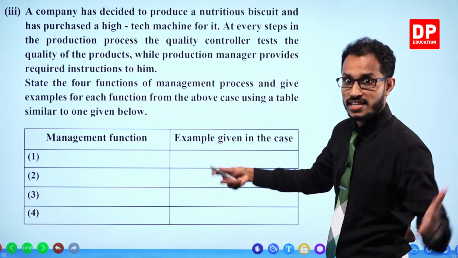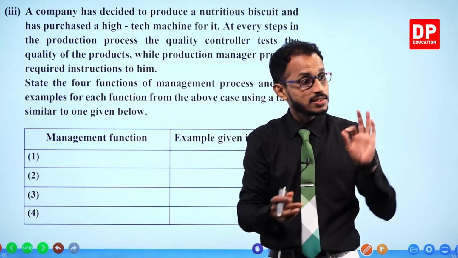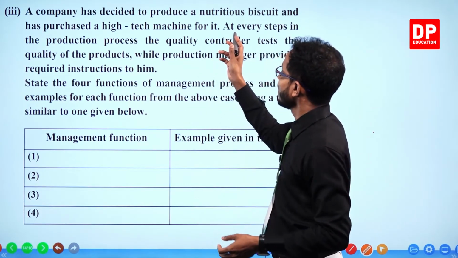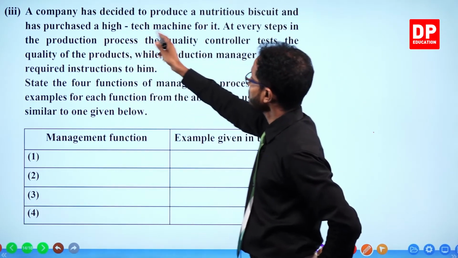High-tech. Biscuits start dropping from the other end of the machine, one by one. High-tech machine. Nutritious biscuits. Okay.